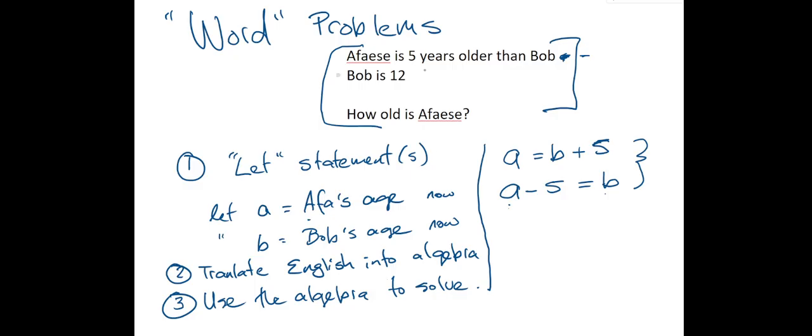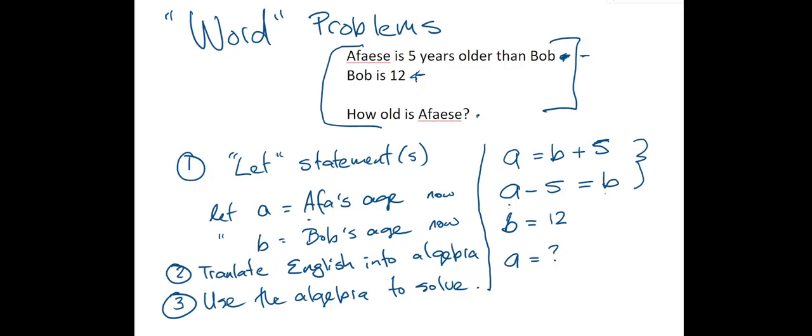Okay. The second one is really easy. Bob is 12. Well, if we wanted to convert that into an algebraic expression, B is 12. And the third one, how old is Arthur now? Well, we want to find what A is. A equals, we don't know. How are we going to do that?